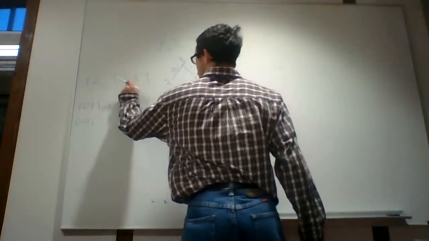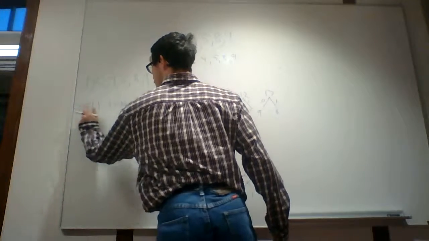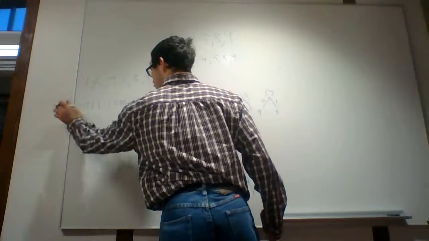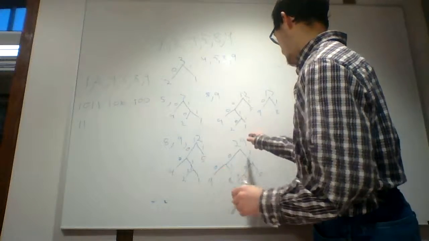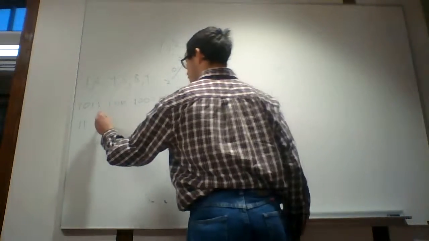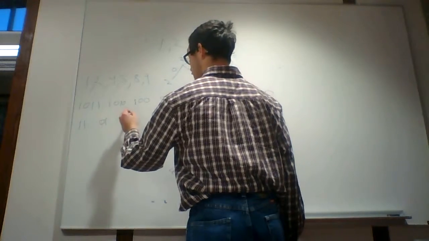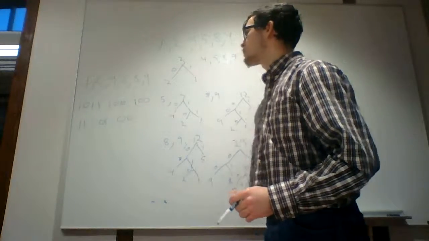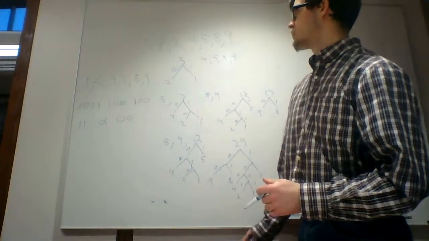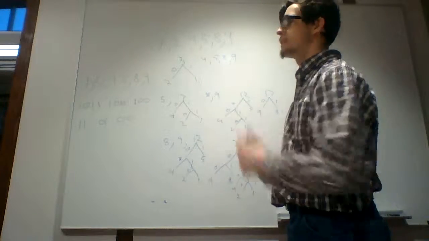So let's take off the extra zeros. Just write it here so it's easier to see. 1, 1. The 8 is represented by 0, 1. And 9, 0, 0.